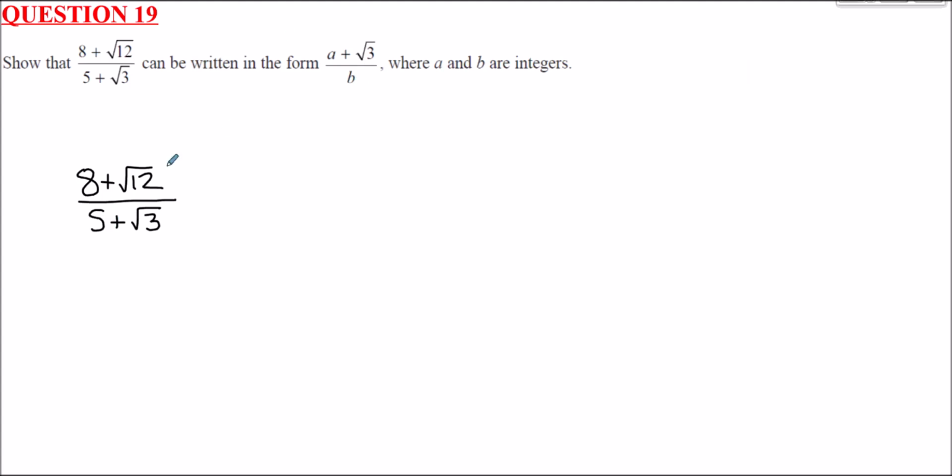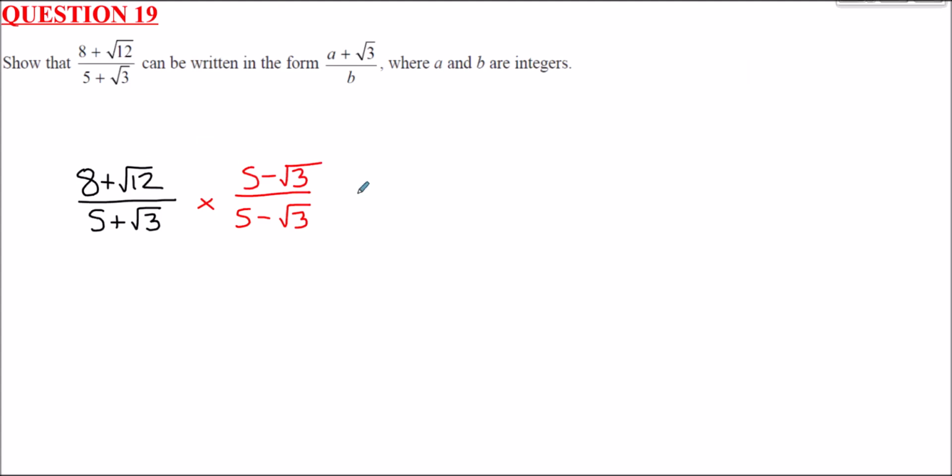The trick here, if we've got a whole number and plus or minus a surd, is we have to multiply both top and bottom by this exact same thing almost, and all we need to do here is switch the symbol. So the plus switches to a minus. If it were already a minus, we'd switch it to a plus. And to keep it as an equivalent fraction, we need to also multiply the top by 5 minus root 3.